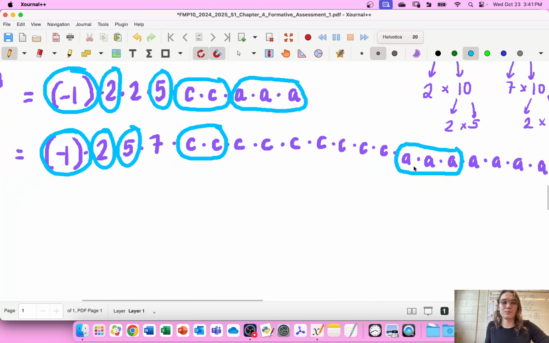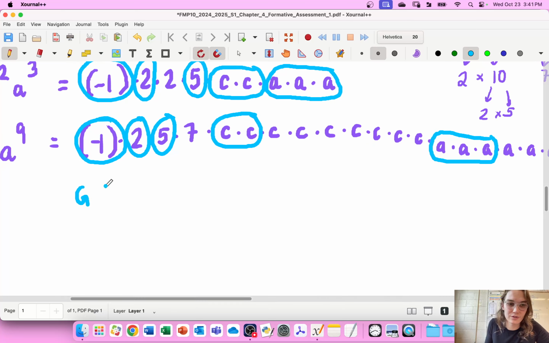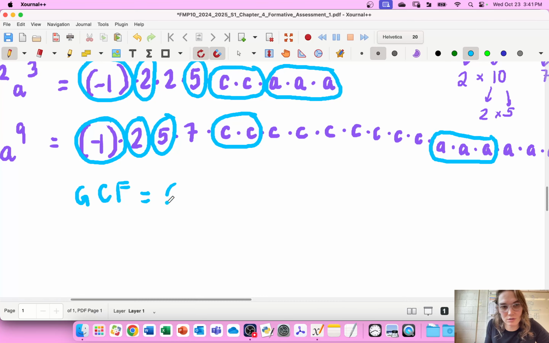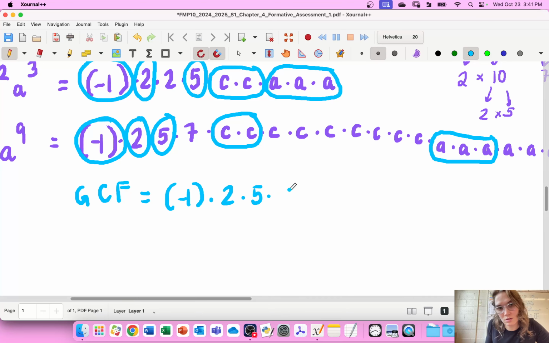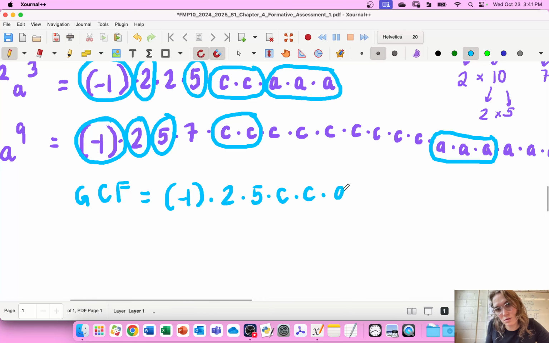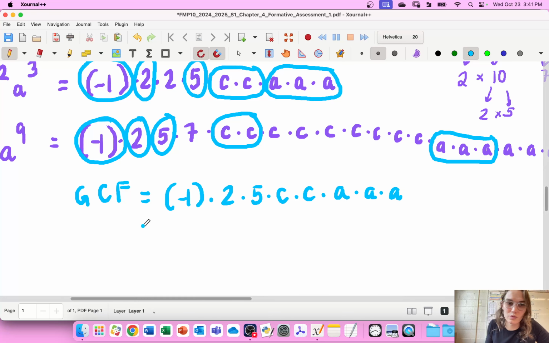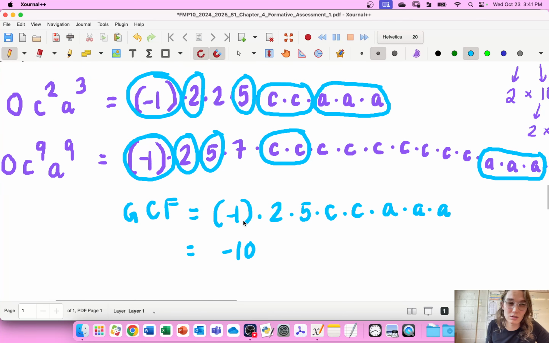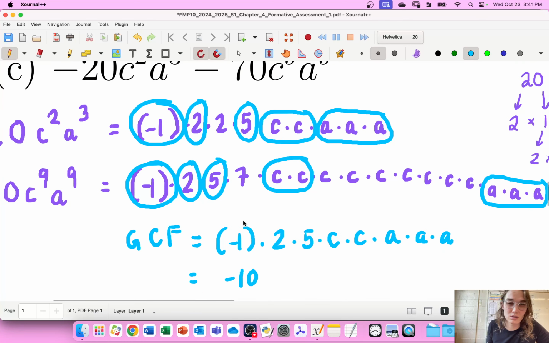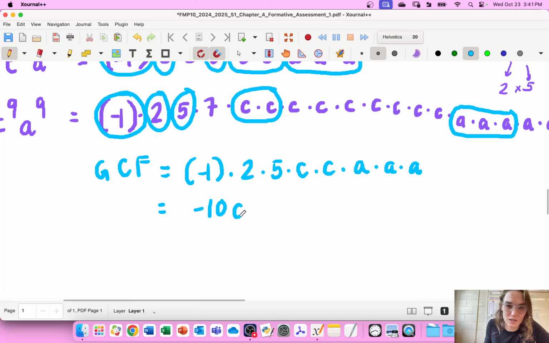So that's what I want to pull out. My GCF is going to be all of those factors multiplied together, which is -10 C squared A cubed.